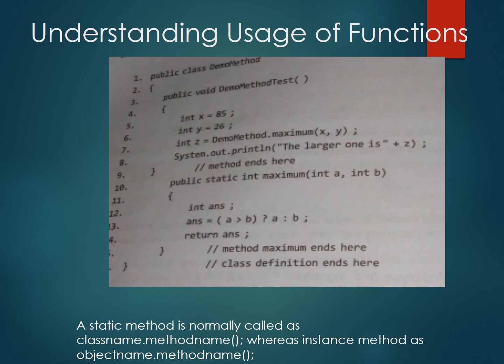The definition of demoMethodTest is enclosed within its opening and closing braces, and the definition of maximum is enclosed within its opening and closing braces, and both these method definitions are collectively enclosed in class DemoMethod.